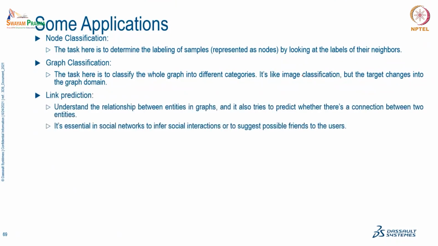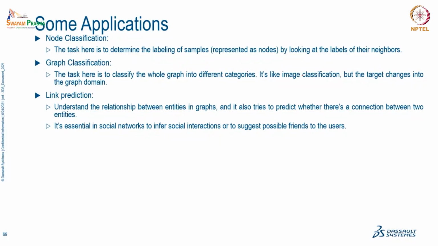Link prediction. As I already mentioned, think of the recommender system on your e-commerce website. If you buy one product, you get recommendations based on the product you have bought. For example, if you buy a mobile phone, there would be a recommendation for a mobile cover, charger, or earphones for that particular product.